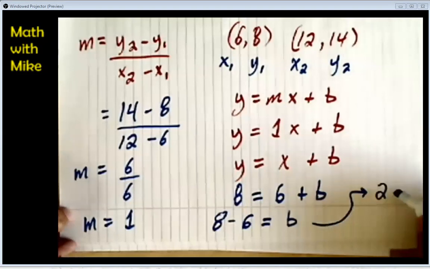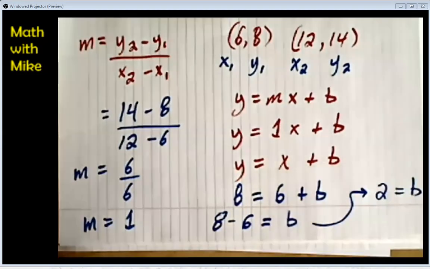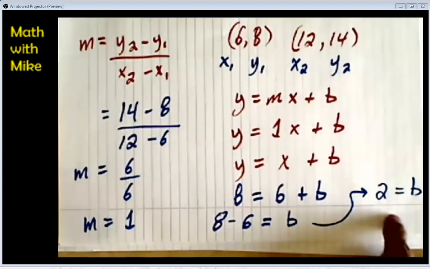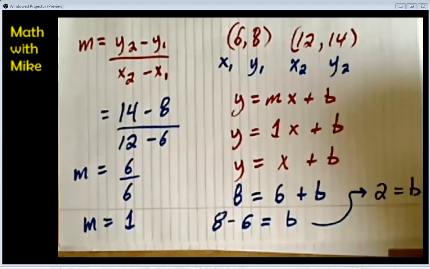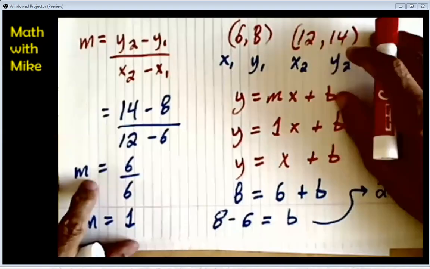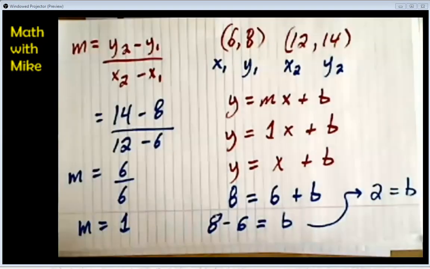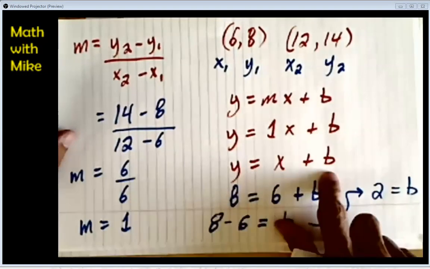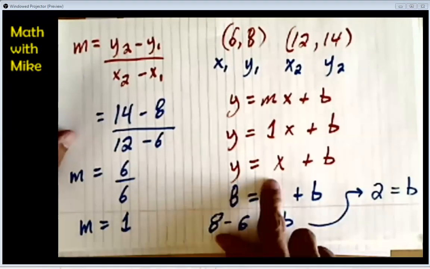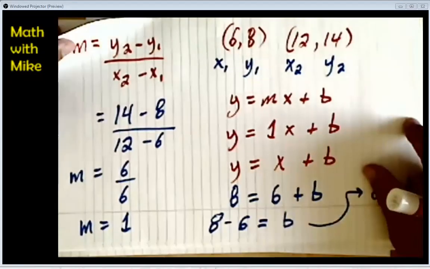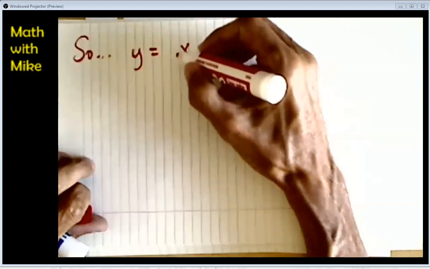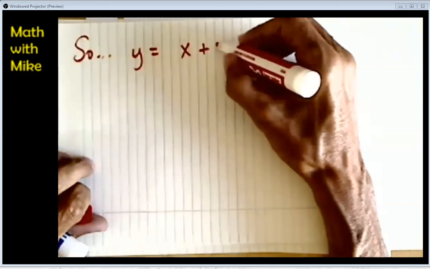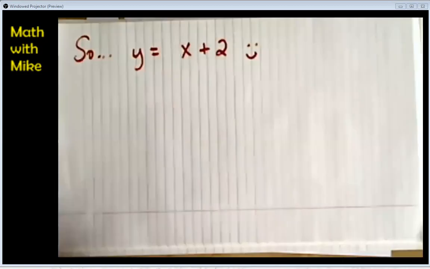Yeah, if you want to keep the order the same, 2 is equal to b like that. That gives us the b that we need. And so we can put it into the formula up here now. That's right, y is going to equal x plus 2 when we work it out. So y will equal the slope, invisible 1, x plus 2 that we found out there. Okay, and that finishes that one.